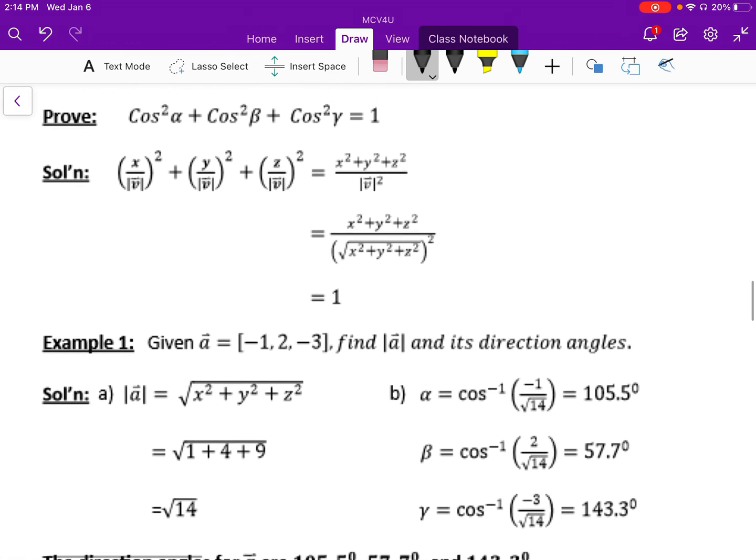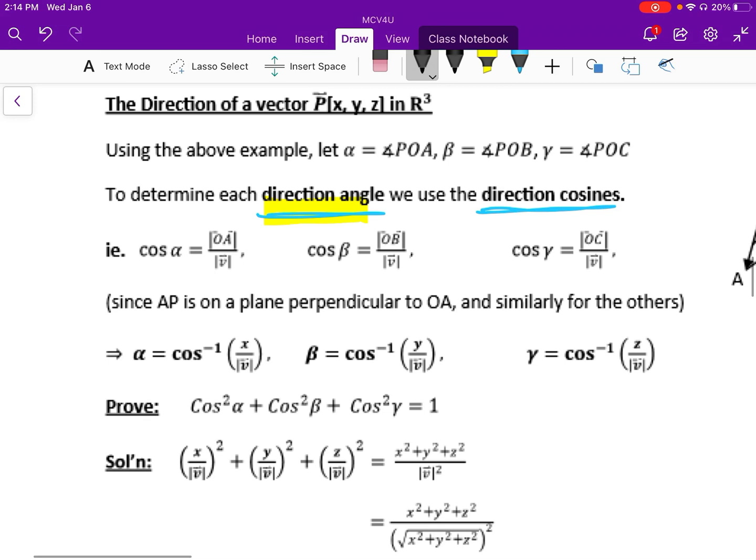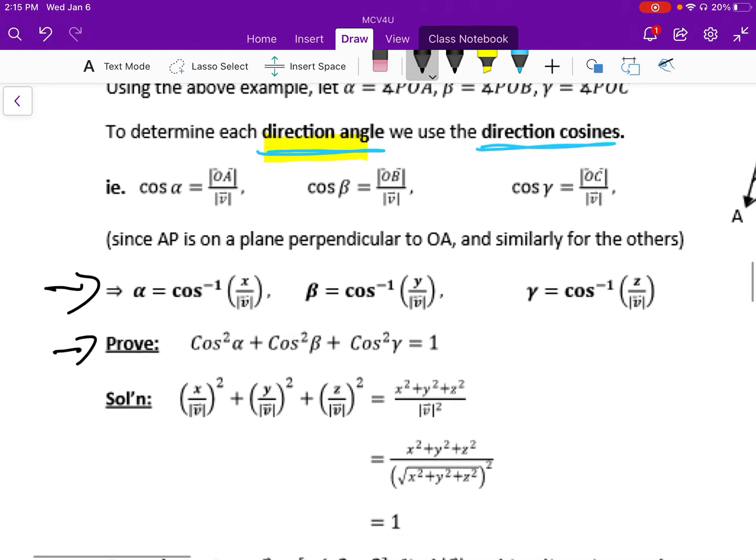Okay, there is an example that we have in here. So here's where we have what our direction angles are. Okay, a very quick proof you can see here, and I know you're going to use something like this in some of the homework questions, is just proving that the sum of the squares of all the direction cosines is equal to 1. All right, and the solution is very simple and straightforward.